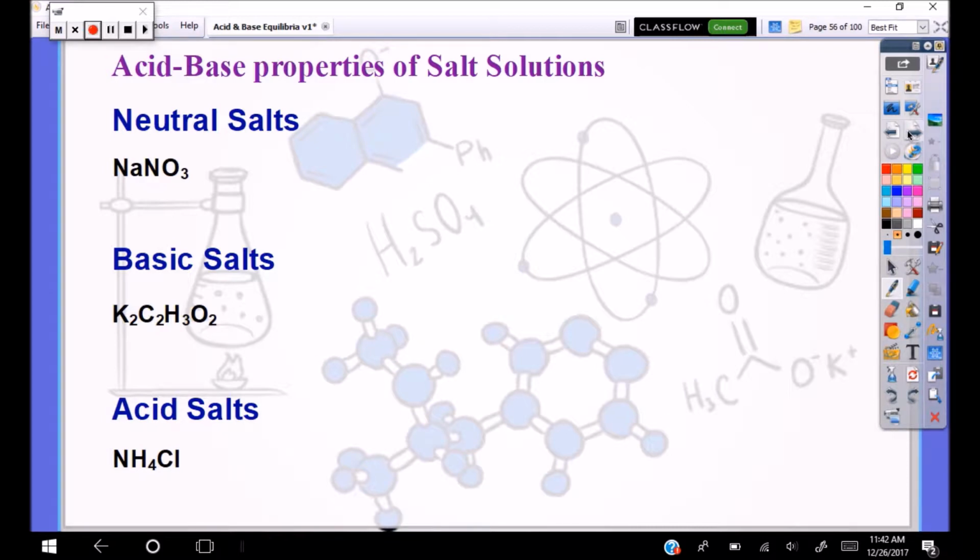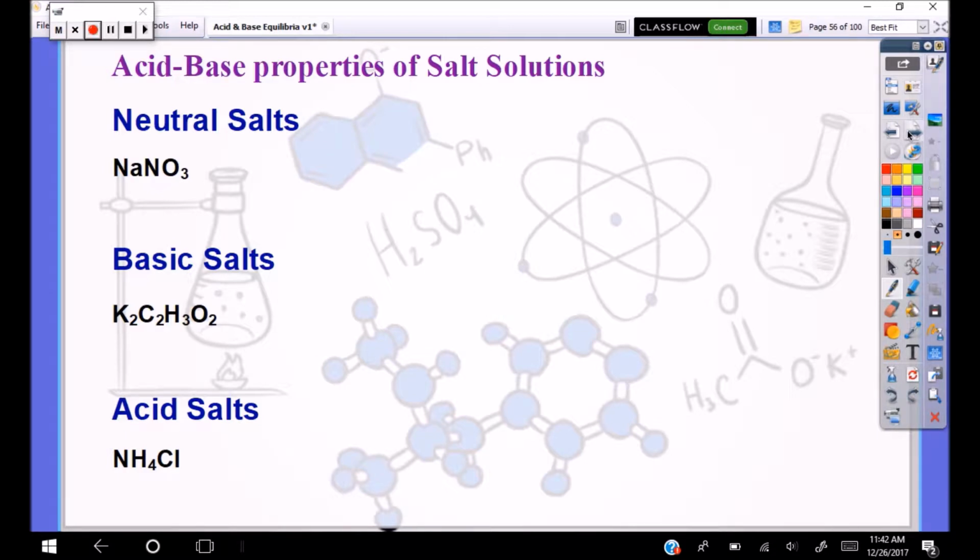So this particular topic requires a lot of backwards thinking. When we look at our salts, we have to try and think about what possible acids they may have come from and what possible bases they may have come from.